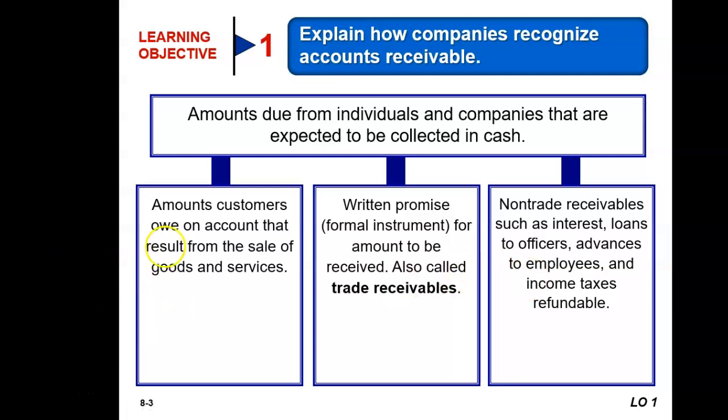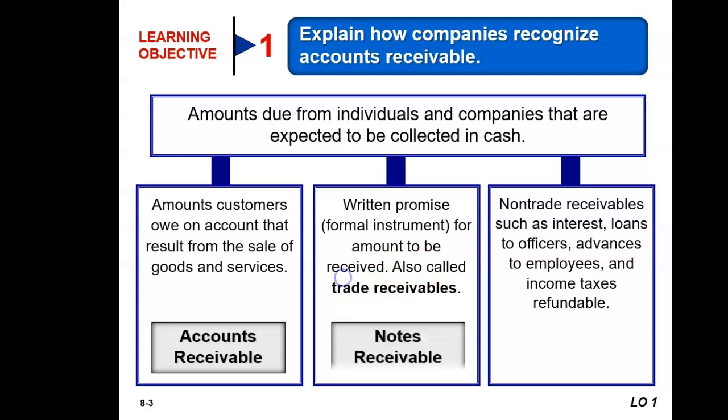The first one says amounts customers owe on account that result from the sale of goods and services. That would be accounts receivable. A written promise, a formal instrument for an amount to be received, also called trade receivables, would be notes receivable.